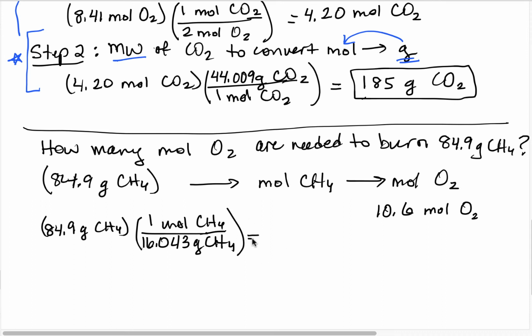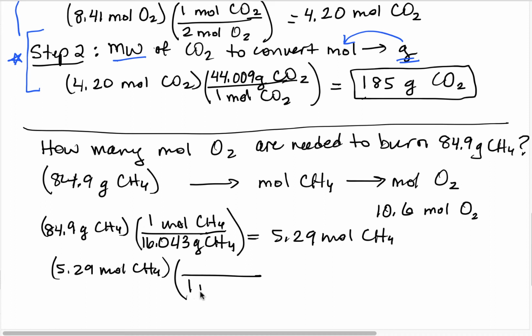And then that gives us 5.29 moles of CH4. And this 5.29 moles of CH4 relates 1 mole of CH4 to 2 moles of O2. And so that's how we get the 10.6 moles of O2.